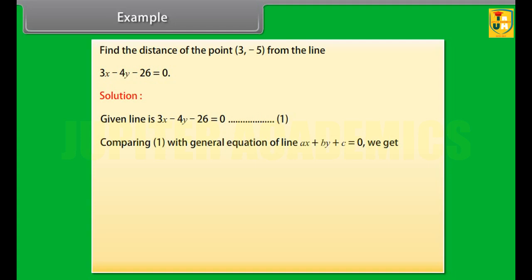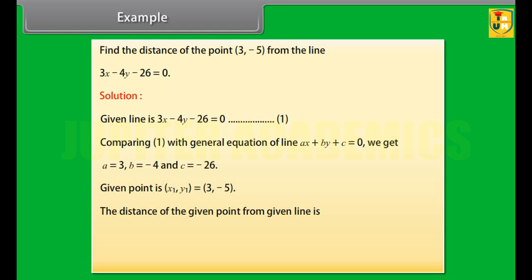Comparing 1 with the general equation of a line ax plus by plus c is equal to 0, we get a is equal to 3, b is equal to minus 4 and c is equal to minus 26. Given point is x1, y1 is equal to 3, minus 5. The distance of the given point from the given line is d is 3 by 5.